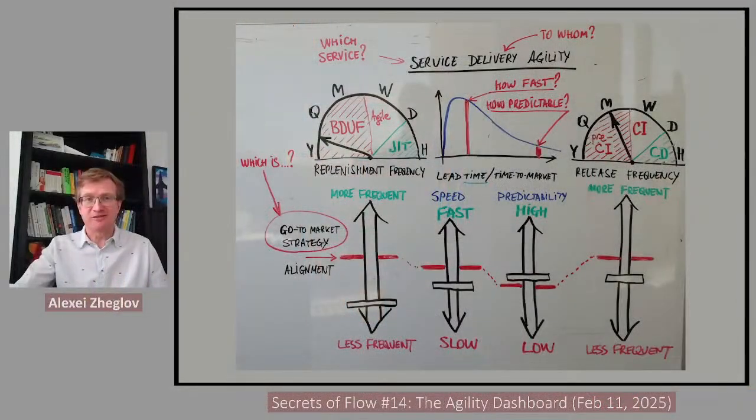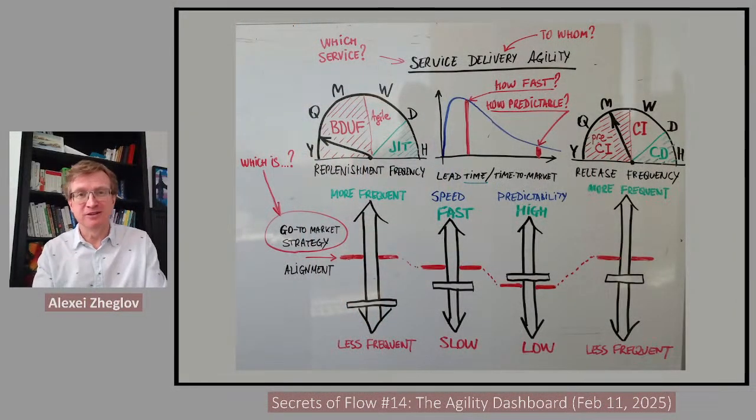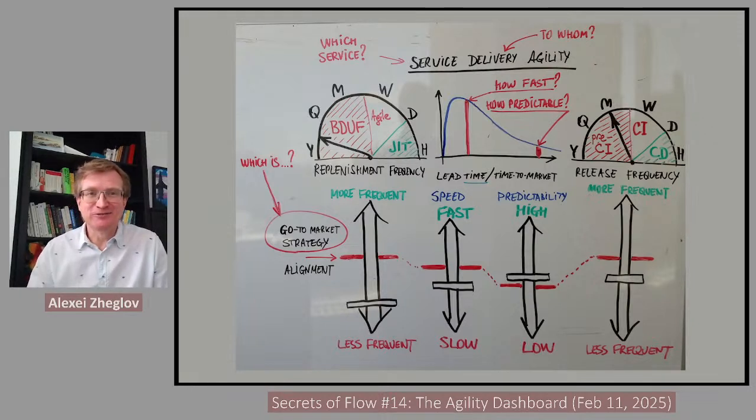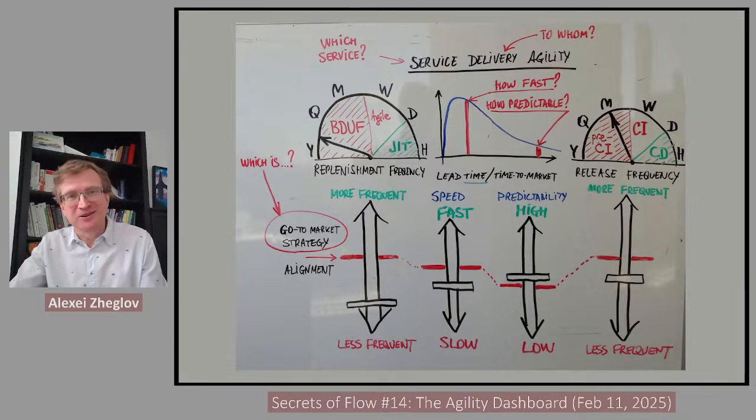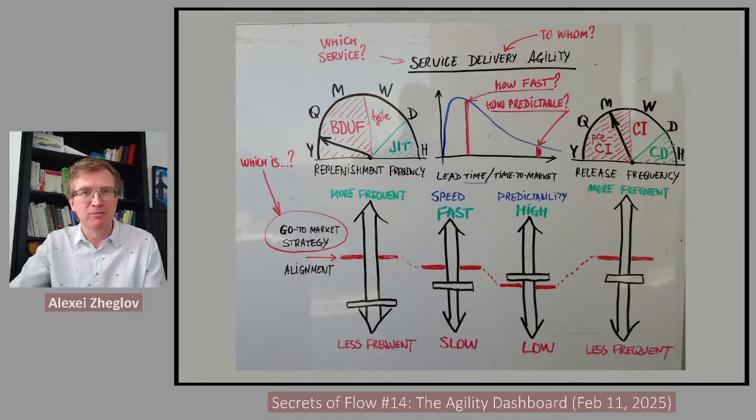Here's the picture I once drew on the whiteboard. It kind of looks complicated, but of course I didn't mean to draw a complicated picture, just a few things that I thought were important and how they are connected. So what do we have here? We have a couple of gauges that look like speedometers on the left and on the right.